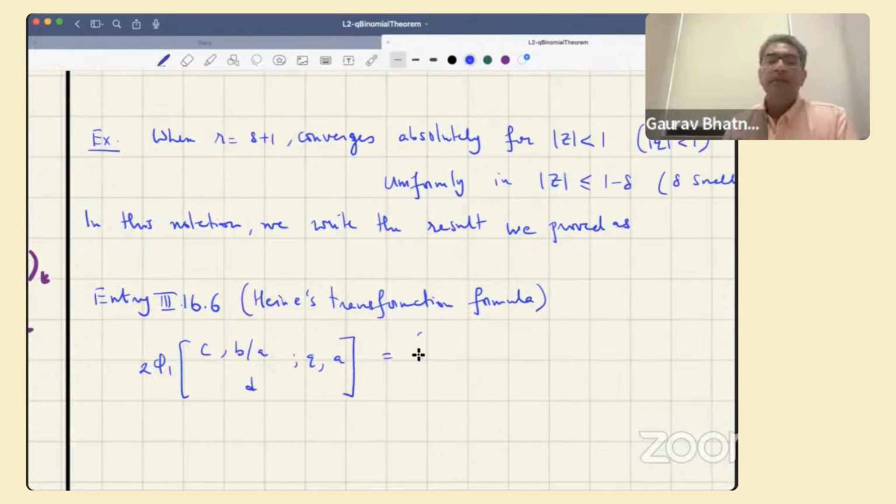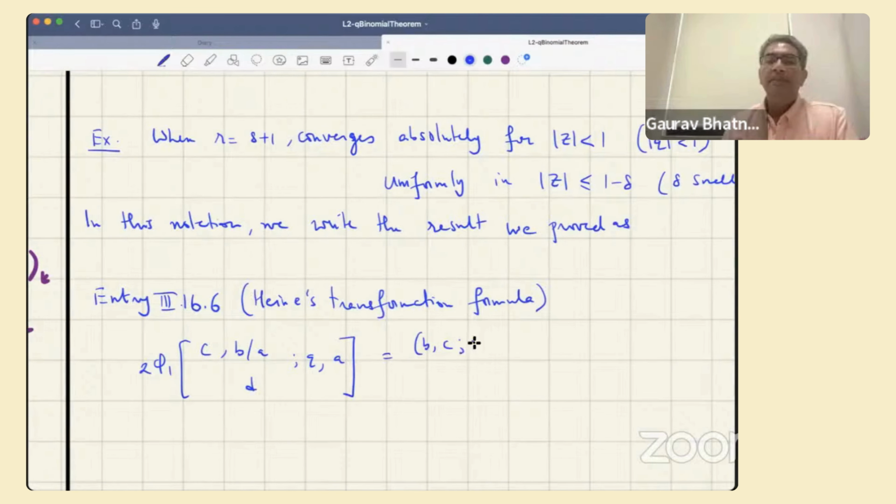And this is equal to (b, cz; q)_infinity over (c, z; q)_infinity, 2 phi 1, with numerator parameters abz/c and z, and b in the denominator, q, and c.